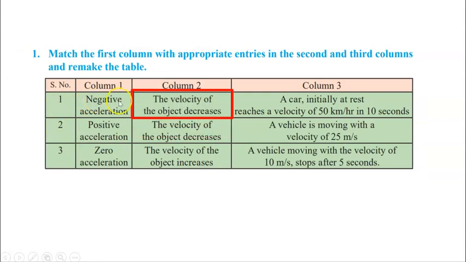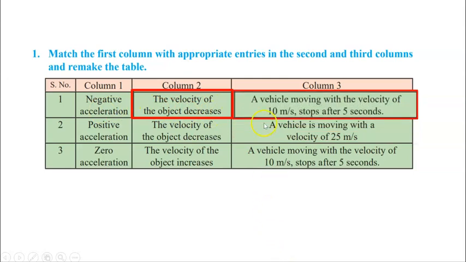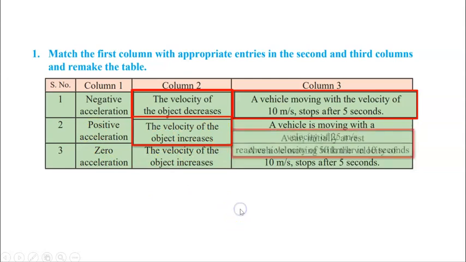For the first, negative acceleration, the correct is velocity of object decreases. Next, in column third, a vehicle moving with the velocity of 10 meter per second stops after 5 seconds. For the second one, positive acceleration: the velocity of object increases.